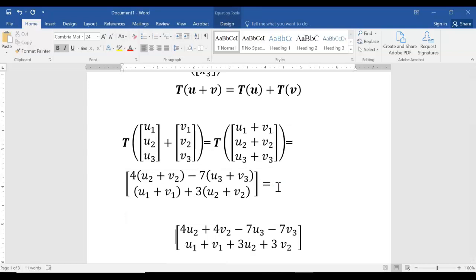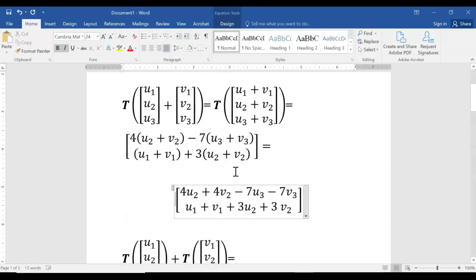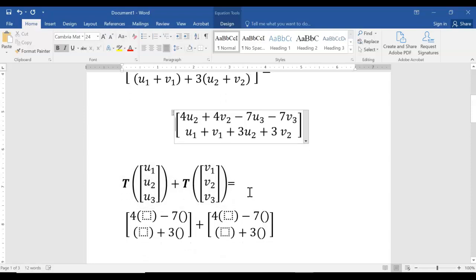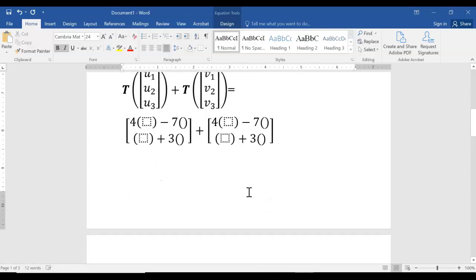All right, so this is the output I get when we add first and then transform. Hopefully, we're going to get that same output when we transform first and then add. So let's go ahead and transform first and then add.